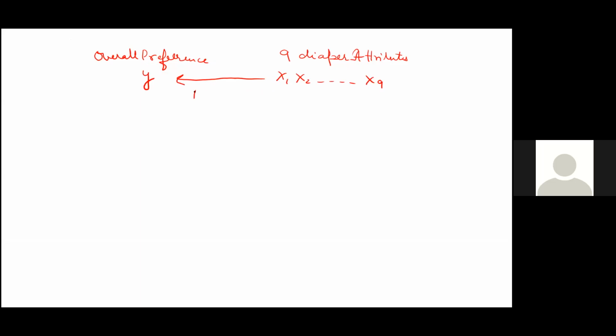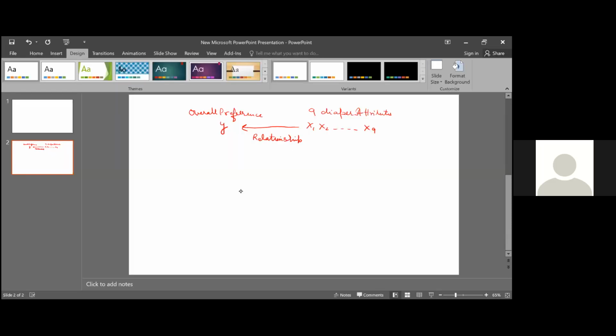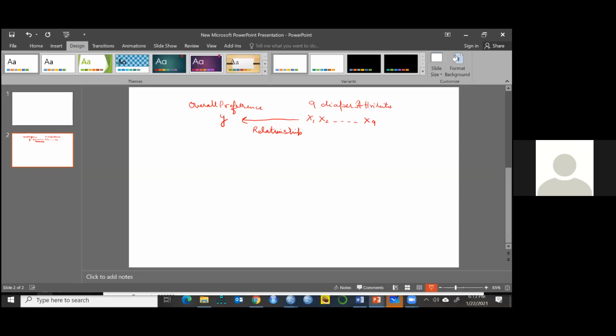Means a sort of relationship has been visualized, that there is a relationship between these 9 diaper attributes and overall preference. Okay, so a relationship has been visualized, right?